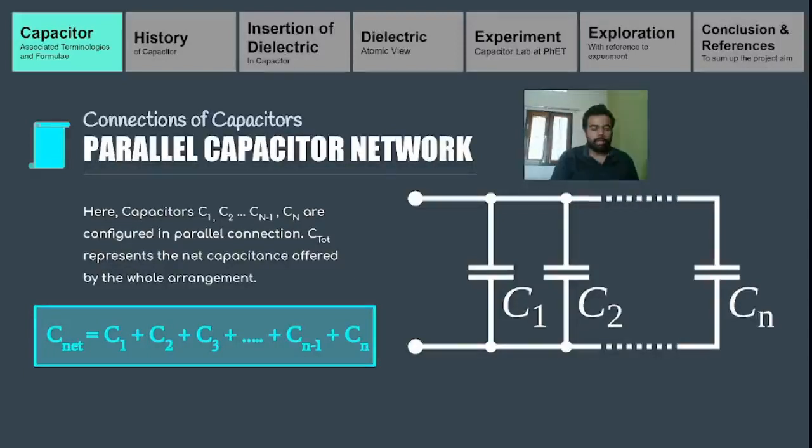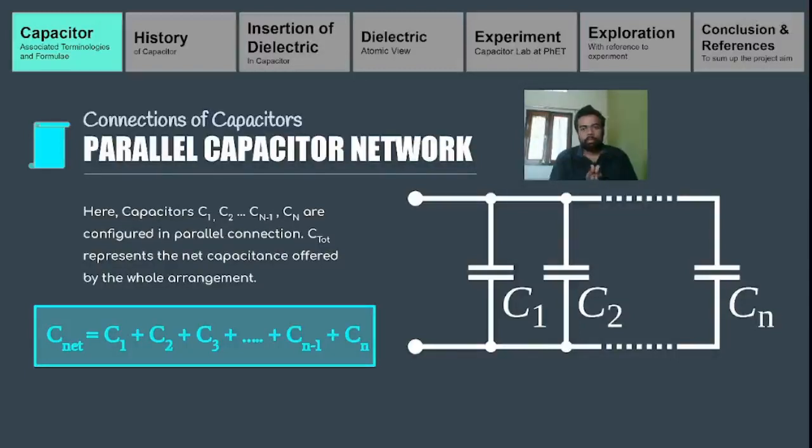The difference we notice between series and parallel capacitor networks is that in series the charge accumulated on the capacitor is the same throughout the network, and the potential difference across each is different, while in parallel it is just the opposite.